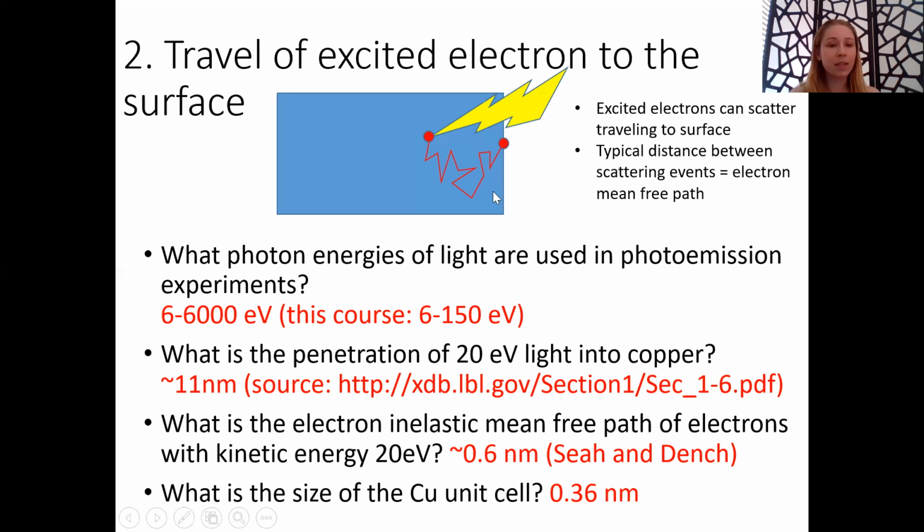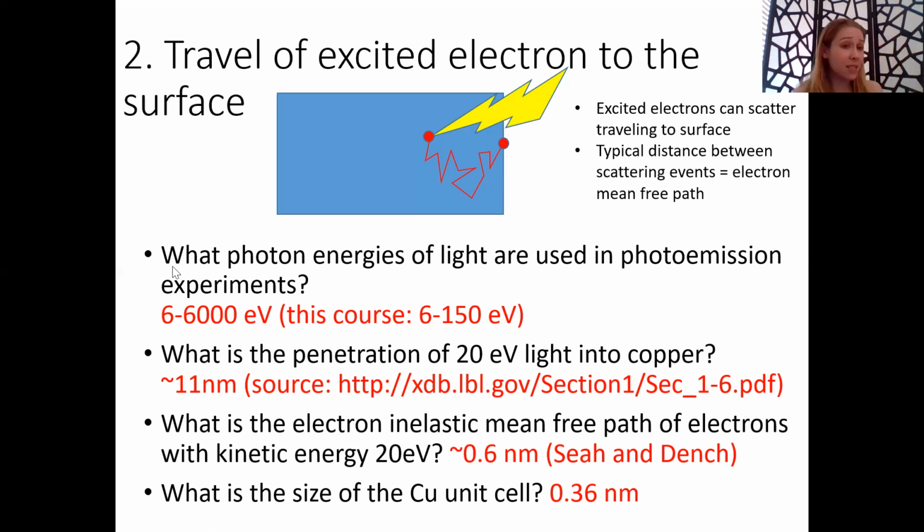Because of this, it's really only the photoelectrons created within 0.6 nanometers of the surface that can actually get to the surface before they scatter and escape. Once they scatter, they lose their momentum information and they're no longer good for ARPES.